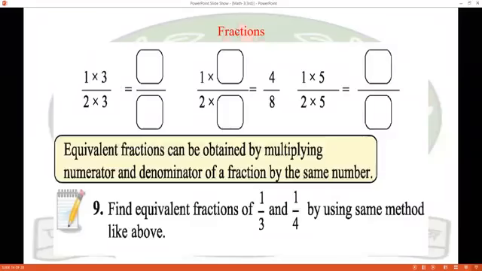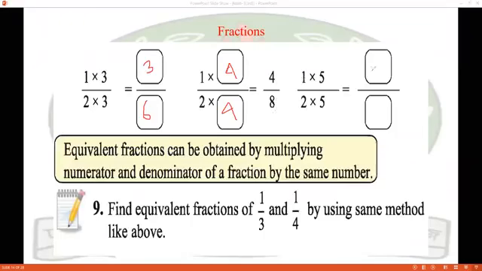There are some problems to find out equivalent fractions. There's a half, we multiply the numerator and denominator by 3, then we get 3 and also 6. And for half we multiply by 4, and we get 4 by 8.